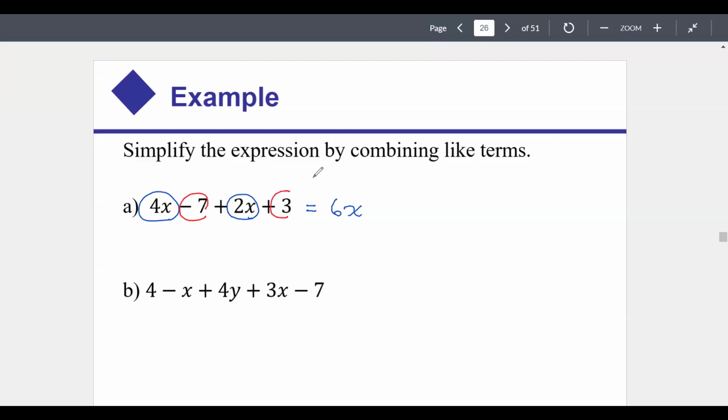This and this here, when there is no variable, we call this number a constant. This number here, where we do have that variable, this is called a coefficient.